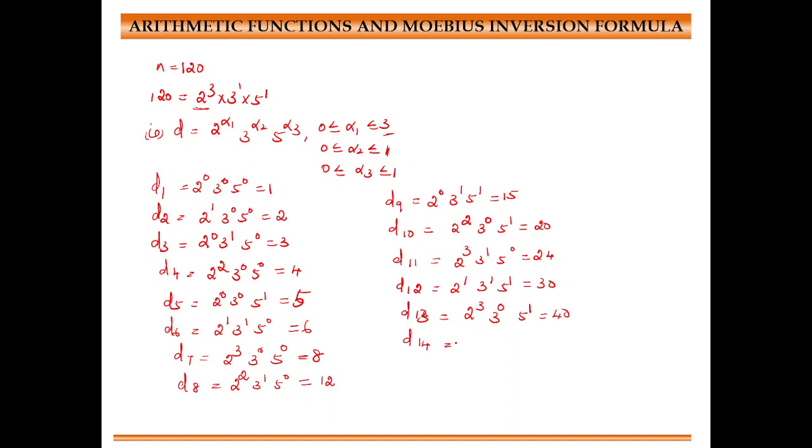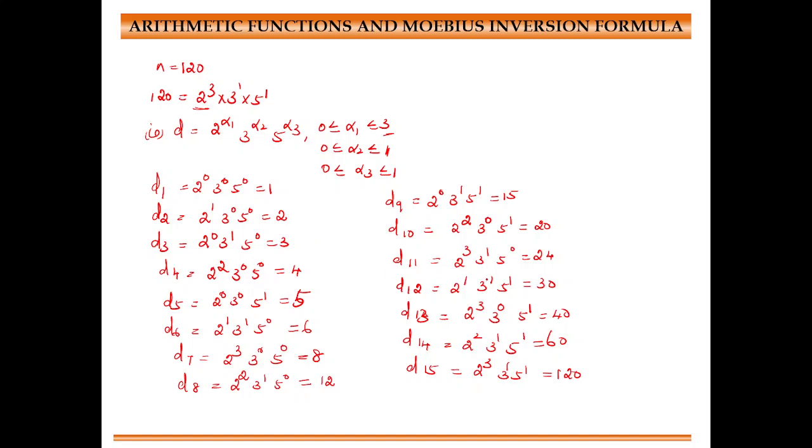D14 is equal to 2 to the power 2, 3 to the power 1, 5 to the power 1, which is 60. D15 is equal to 2 power 3, 3 to the power 1, 5 to the power 1, and this will give 120. Here we find all the choices of D.